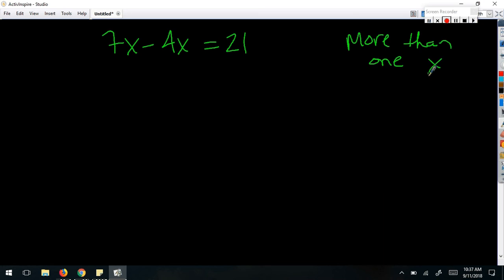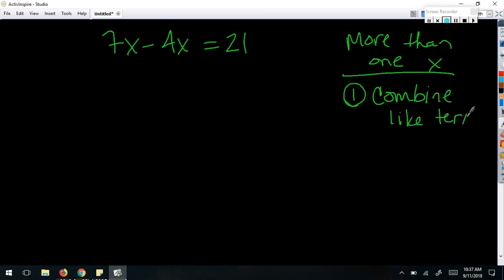Before I solve it, I have to combine like terms. Then I can solve it. So my first step is to combine like terms, 7x minus 4x. And then my next step is to actually solve it. So I'm going to give you a second to copy that down before I work it.